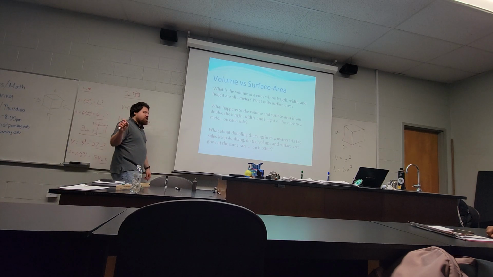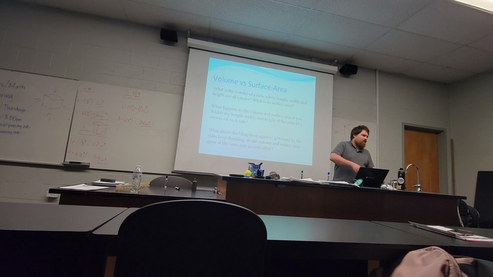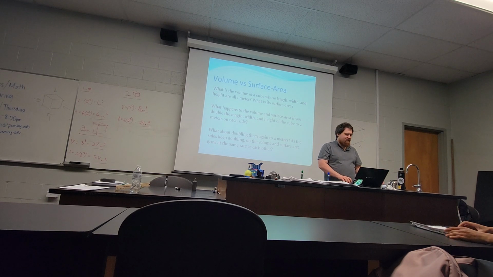Volume and surface area do not increase at the same rate, and so the pressure has 4 times the surface area to act on something as it doubles its dimensions, but the volume will octuple if you double all of its dimensions.